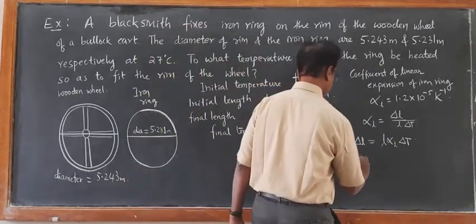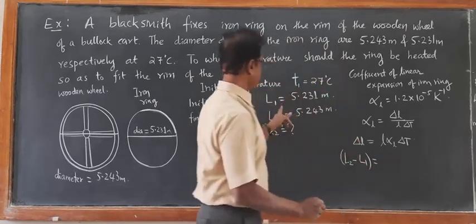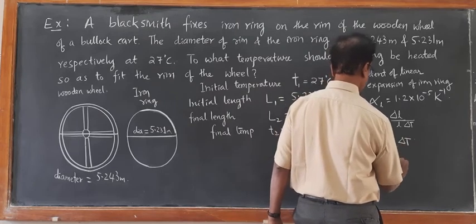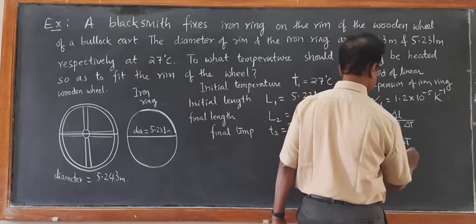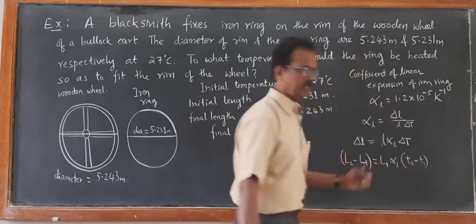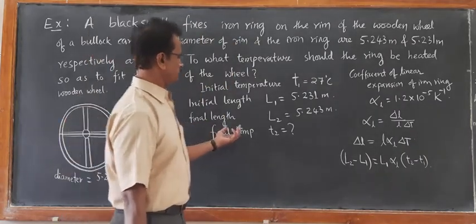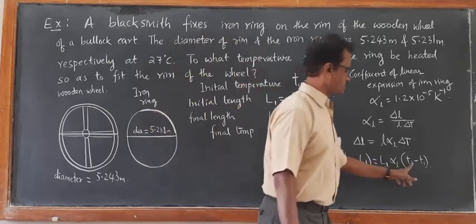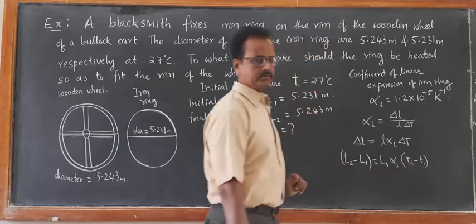Therefore L2 minus L1 is equal to L1, the initial length, into alpha L into the change in temperature, T2 minus T1. That is the equation. We know the final length, we know the initial length, and we are asked to calculate T2. T1 is known, alpha L is known, L1 is known.